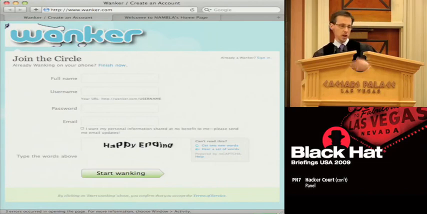And that had apparently led to some financial problems in our economy. The theory there is that the defendants had unauthorized access to the WANKER site because in the course of creating this account, they had entered false registration information.